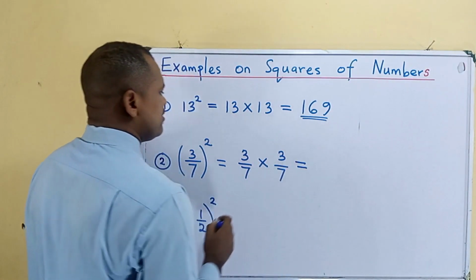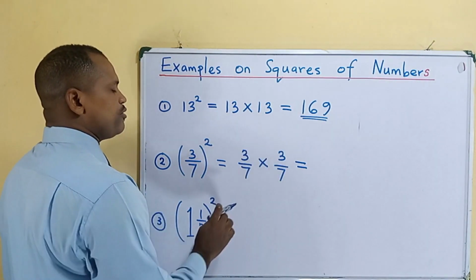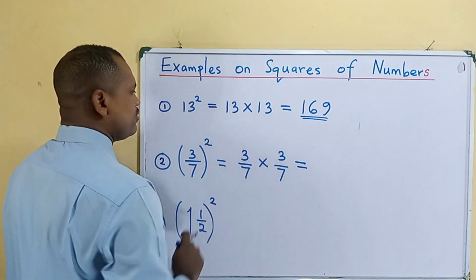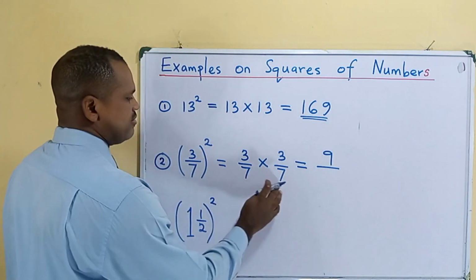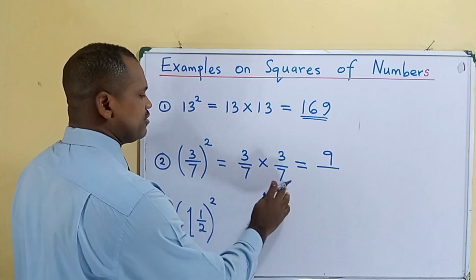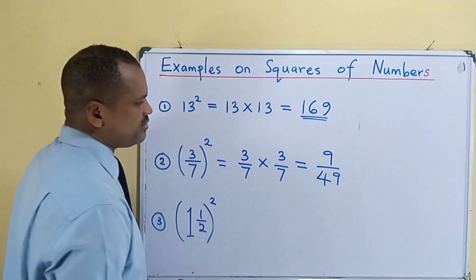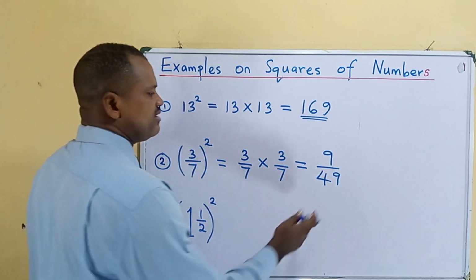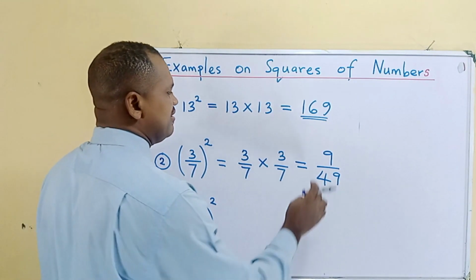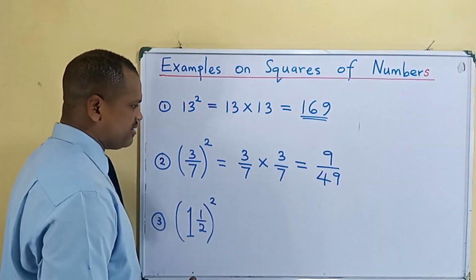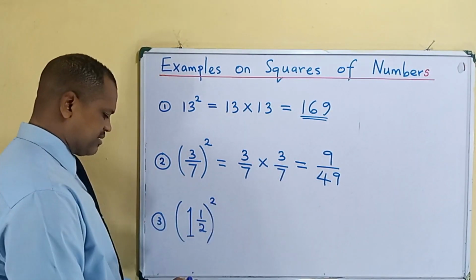So, of course, you know how to multiply fractions. 3 times 3, multiply the top numbers, that will give you 9 over the bottom numbers, the denominators. 7 times 7 will give us 49. And we cannot simplify this further because there is no number that can divide both of them without leaving any remainder. So that is done for that.